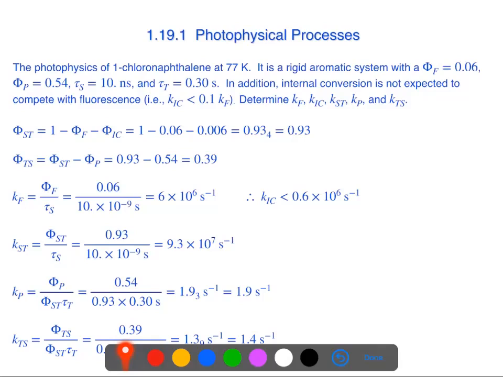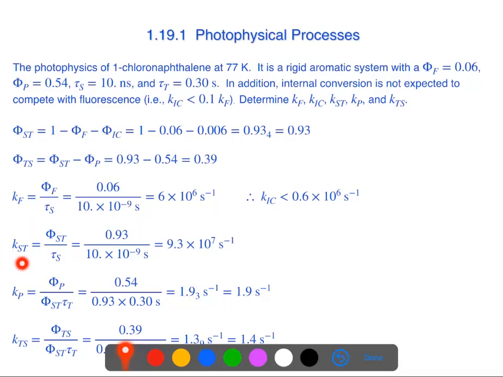And so the rate constant for fluorescence is equal to 6 times 10 to the 6 seconds to the minus 1. Because we now have a value for KF, we can use this approximation to calculate the rate constant for internal conversion. The rate constant for this process is expected to be less than 10% of KF. So it's going to be less than 0.6 times 10 to the 6 seconds to the minus 1.